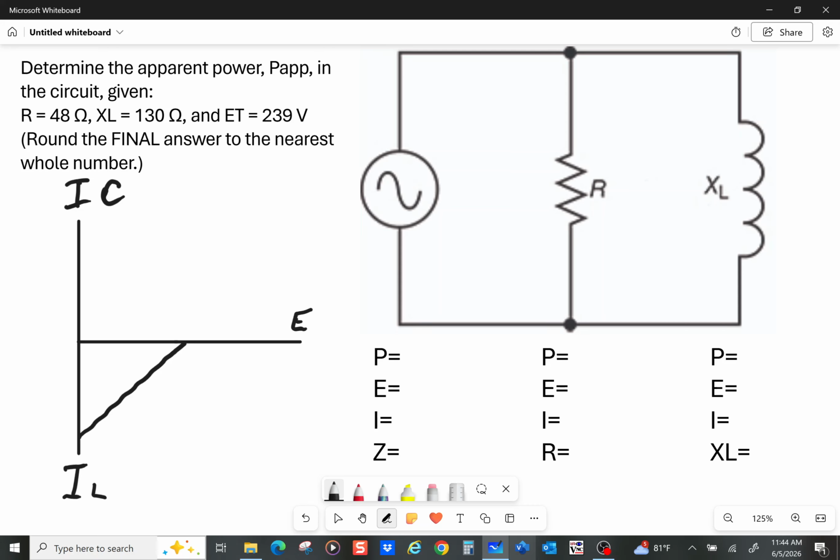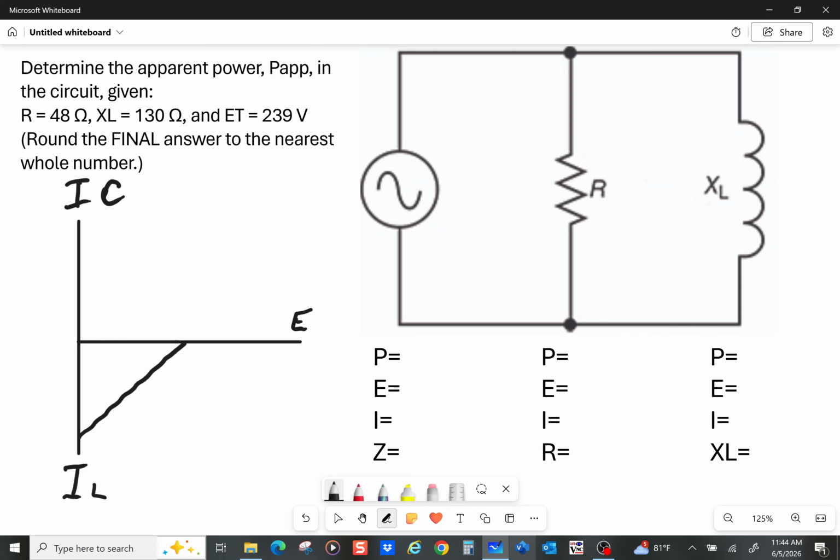So what we need to do, just like we did before and always, is write down everything that we know. And this question specifically asks us to determine the apparent power, but what I'm going to do is solve for everything. That way we know how to solve for everything. In this case we have a resistor value. I'm going to scratch this stuff off when we write them down.